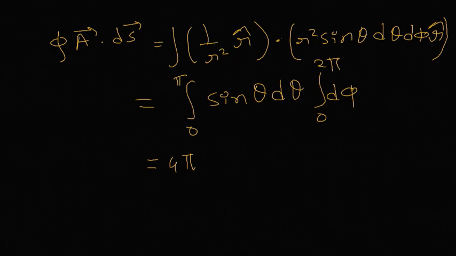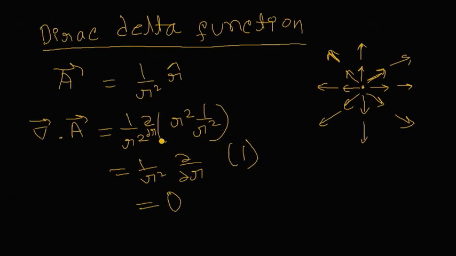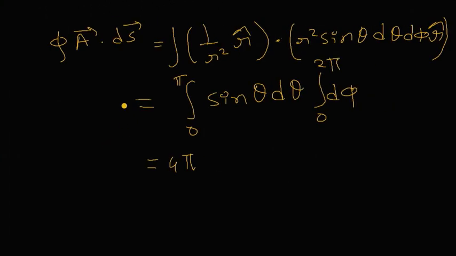Now we can see that by doing divergence, we get the value of divergence as 0. However, the value of the surface integral is 4 pi.